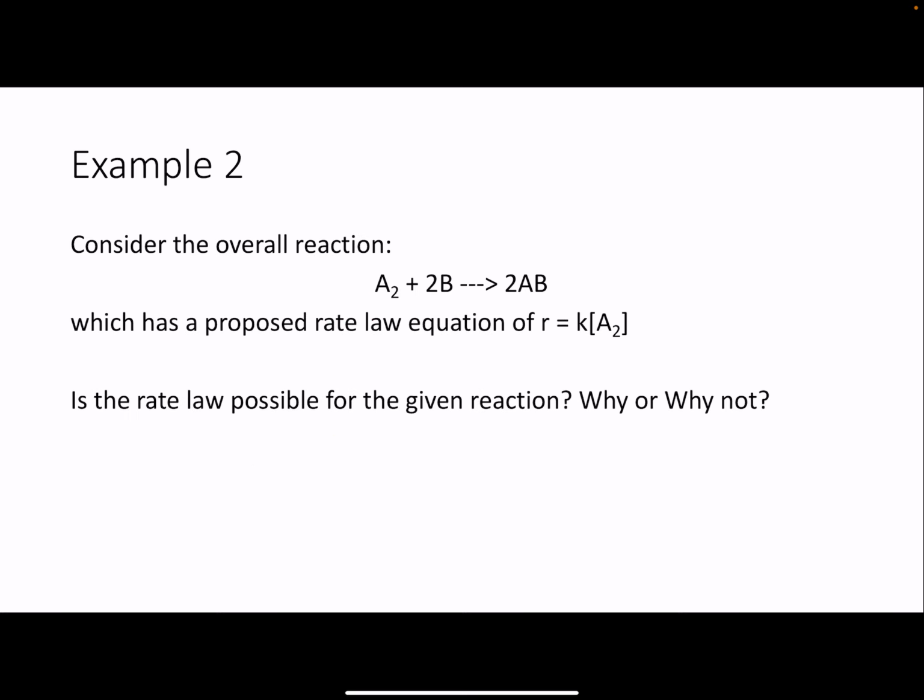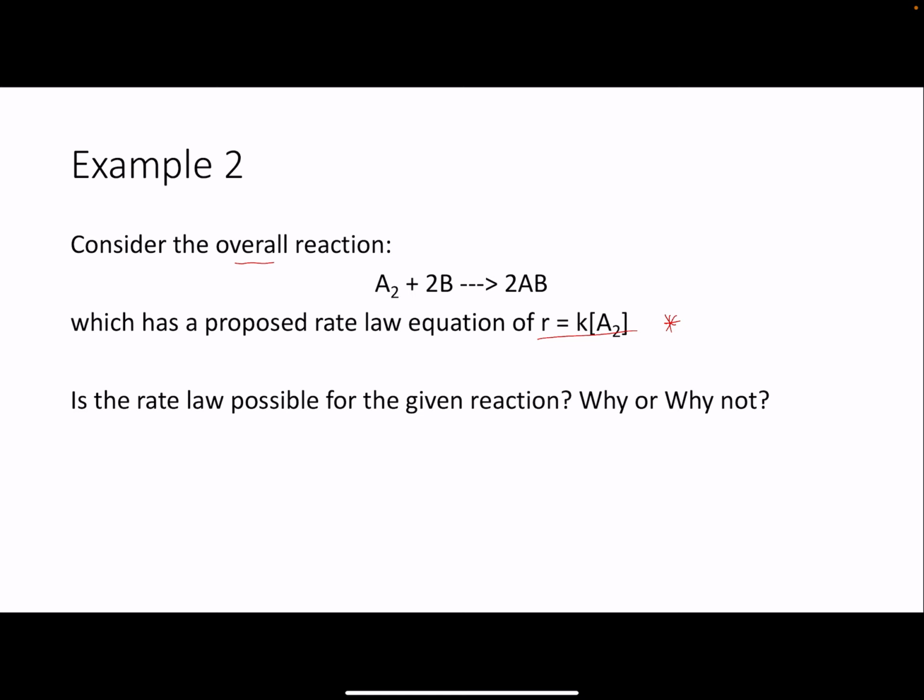So to follow up with that, we're told that in this reaction, the rate law is proposed as this. Is it possible? All right, so looking at this reaction, we're told that it's an overall reaction. We're not told what the elementary steps are, but we're told that the rate is based on this formula here. So the important part is the rate law won't always match the overall equation.